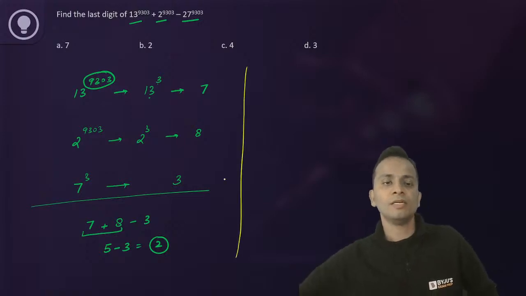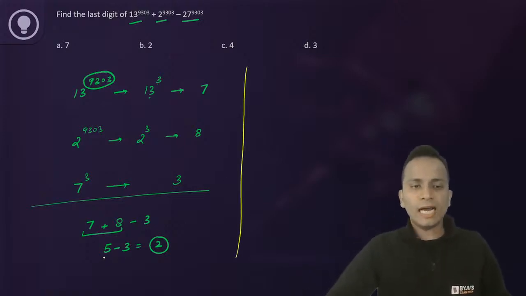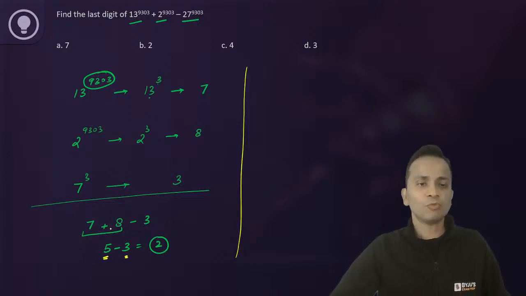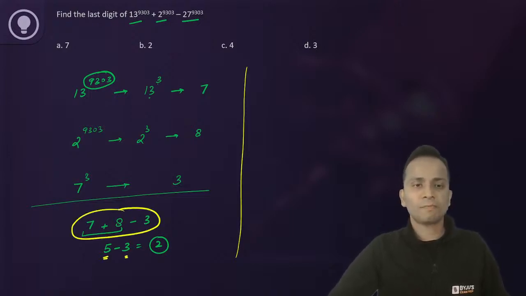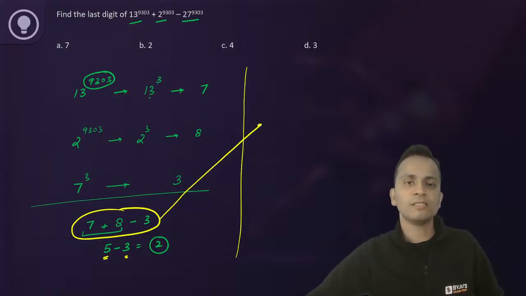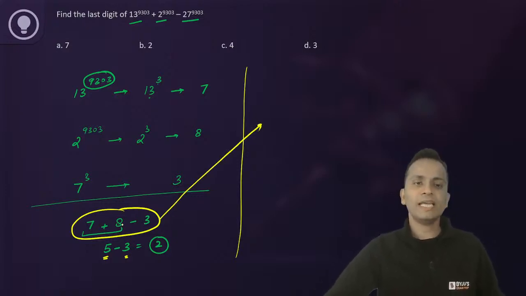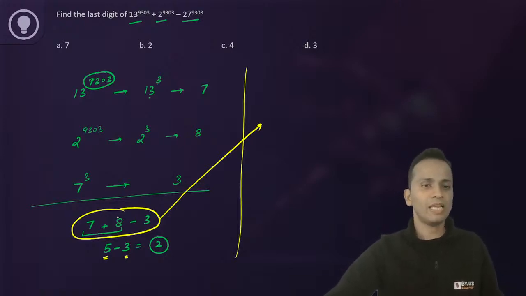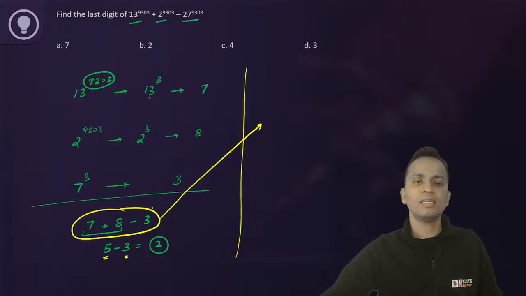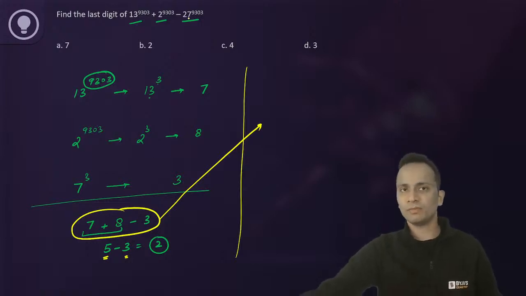Now, here you can see that this number ends with 5, this number ends with 3. Look at this part: 7 plus 8 minus 3. What was 7? 7 was the unit digit of the first number, 8 was the unit digit of the second number, and 3 was the unit digit of the third number.